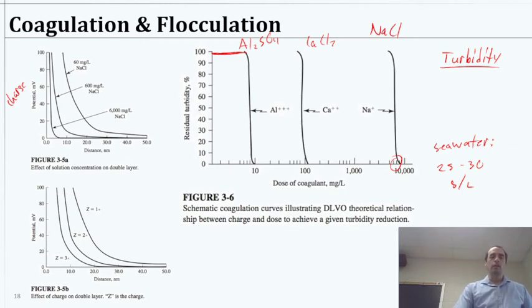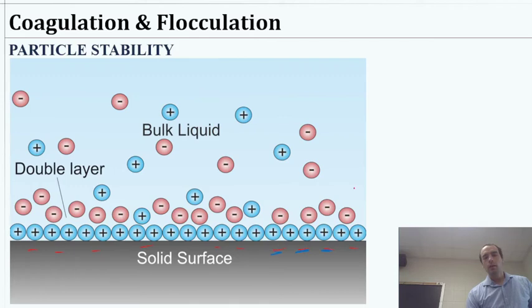We can do the same type of plot, but instead use a constant amount of our coagulant. Maybe it's 50 milligrams per liter or something. +1 charge versus a +2 charge versus a +3 charge. With the same dose, we can see how just simply changing how charged the species is changes that. And again, that's all because if we can satisfy this much charge with a smaller space, everything's going to compress more.